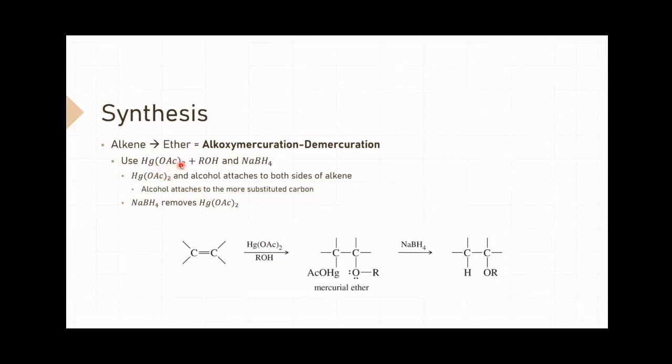You have mercury with the acetate portion of it, along with an alcohol. In the first step, this would get rid of this double bond, and one carbon will attach to mercury and the other one will attach to the ether oxygen. The second step would be adding NaBH4. Here, this would remove the mercury and replace it with a hydrogen.